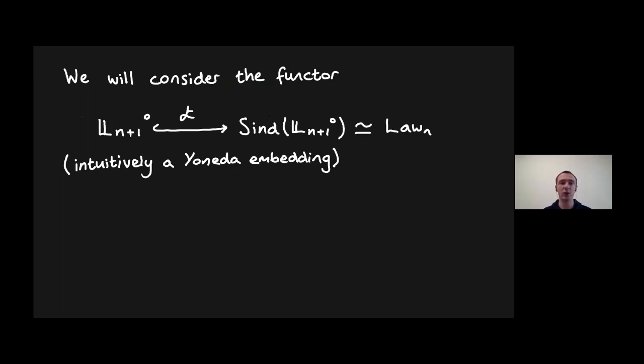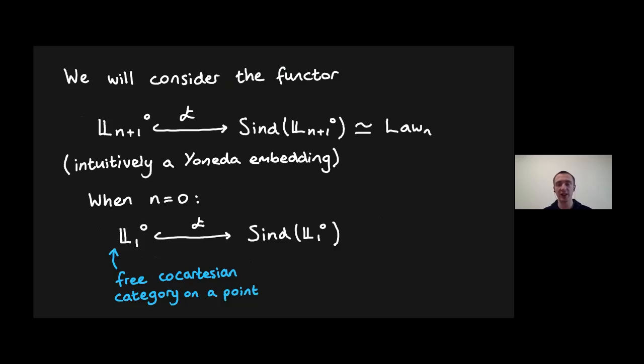And so I said before that the category of algebraic theories is this co-completion under sifted colimits. And so we have a sort of Yoneda embedding for the sifted co-completion. And that's what we're going to take for our functor J. And concretely, if we take n to be 0, then the category on the left is the free co-Cartesian category on a single object.